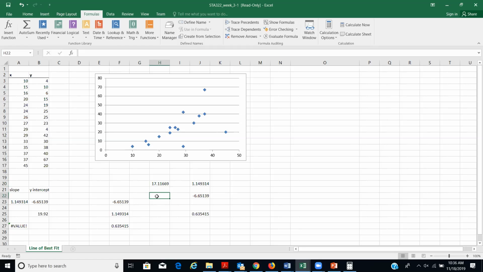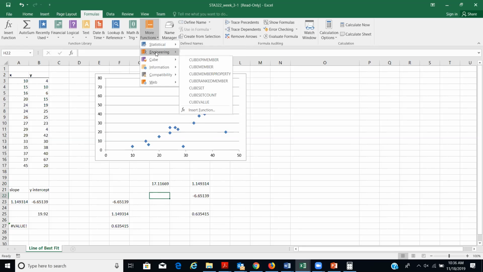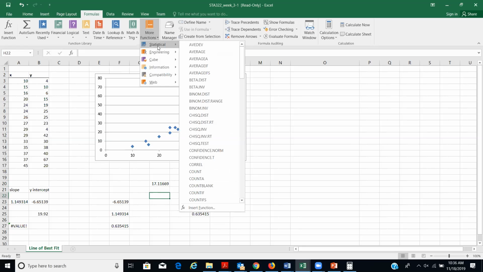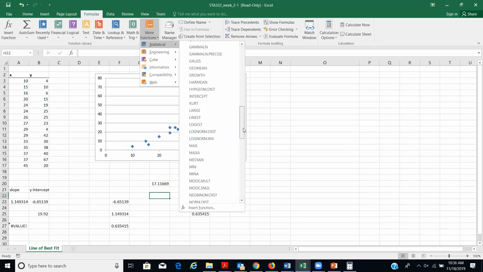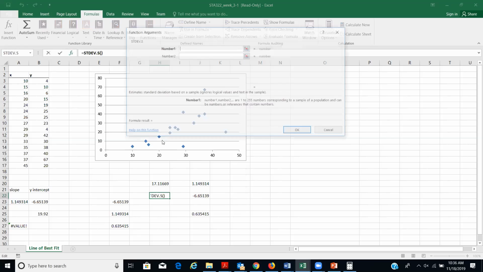So let's take a look at the standard deviation of the x's at this point. It ought to be pretty high, like the y's, because of course it's scattered across the plot as well.